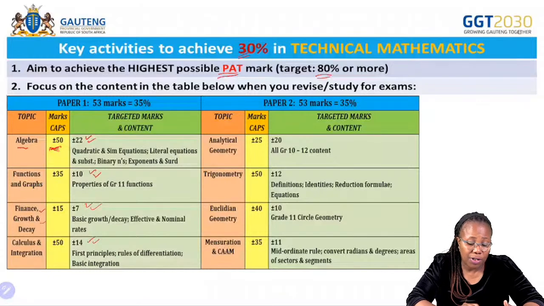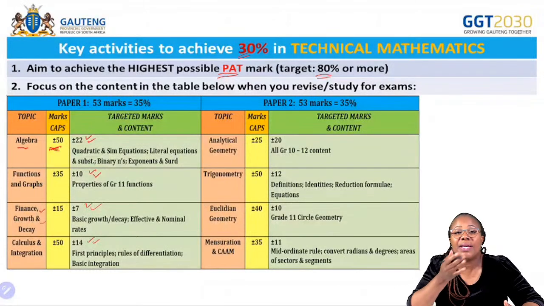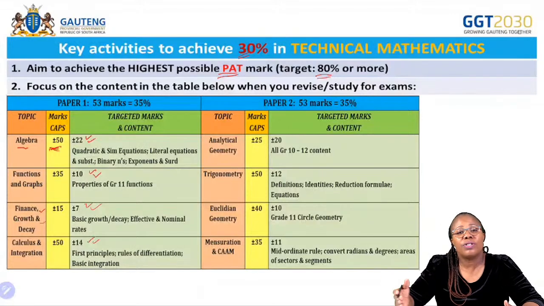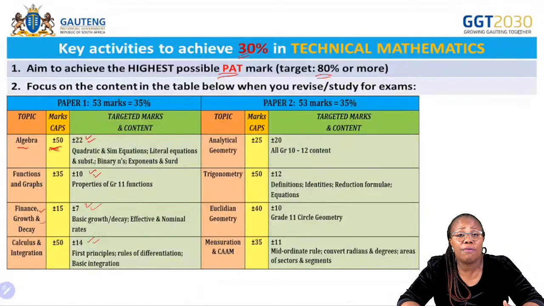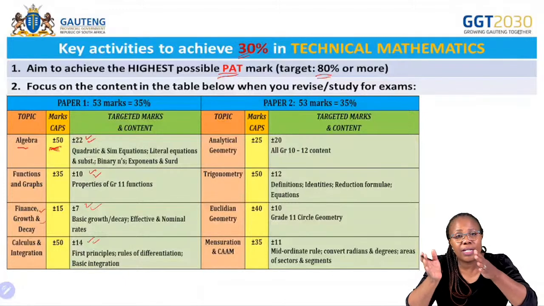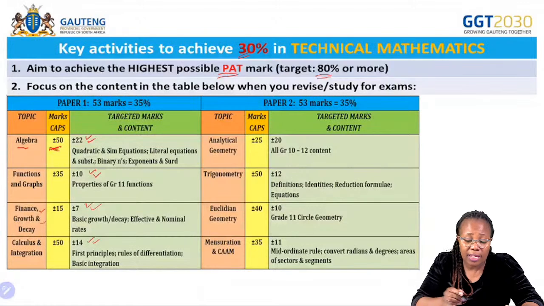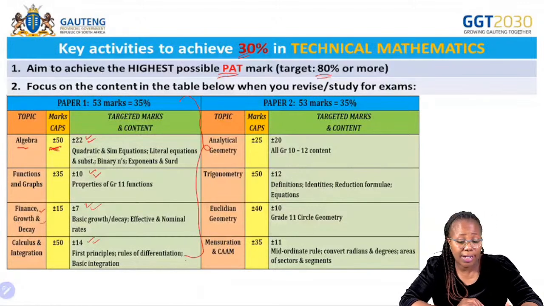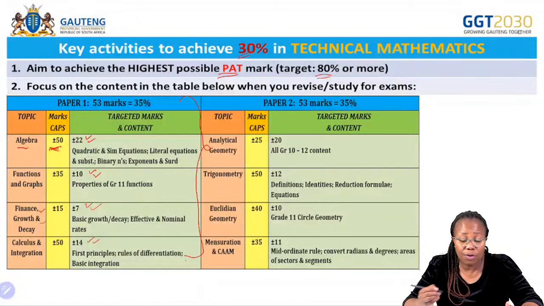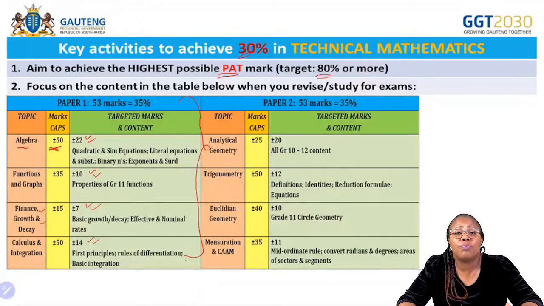And then remember, we need first principles rules on the basic of integration. Remember, integration is easier because the rules are already given for you on the information sheet. Yours is just to relate which one to choose. And then this is basically your paper 1. How to target a 35% grade 12. Because we are focusing on paper 1, I will elaborate more on the paper 1 achieving the 35%.